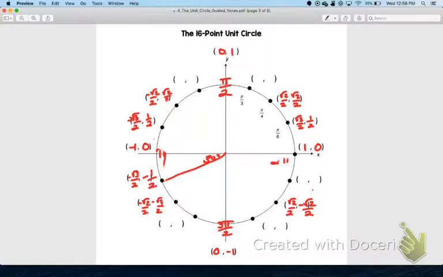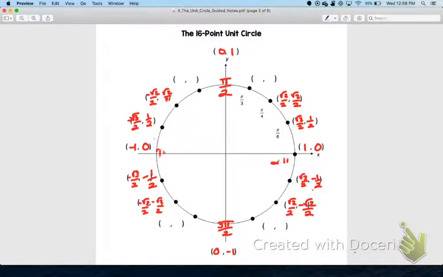You just make the mistakes. And then my next 30 degree would be right here. Oh, now I'm already changing colors. Right here. Good. Because that would get you another 30 degrees. So that would be positive root 3 over 2, negative 1/2.